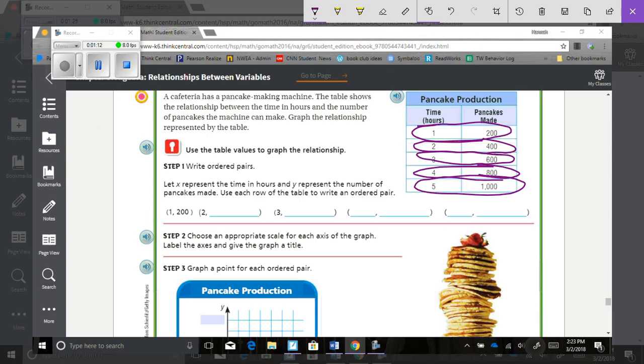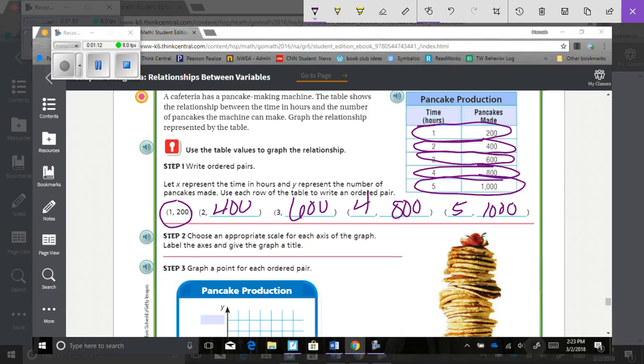For the first one, they put 1, 200. So now we're going to put 2, 400, 3, 600, 4, 800, and 5, 1000.